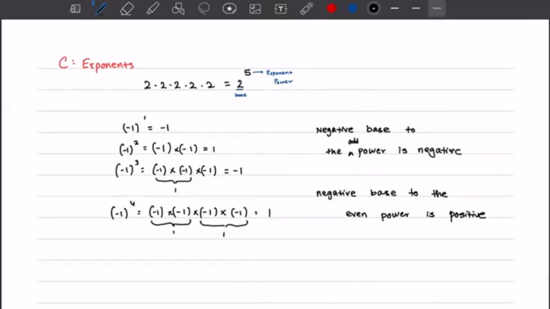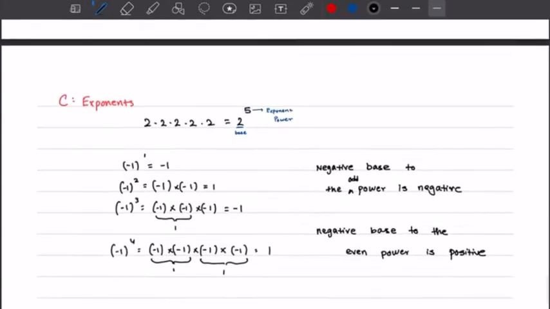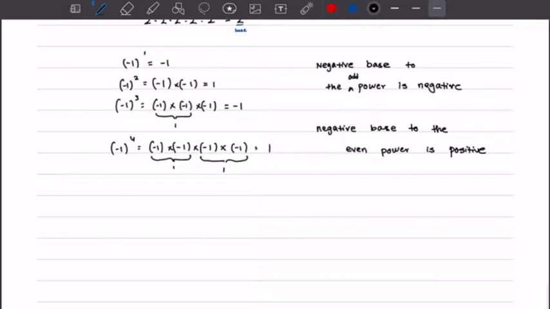Okay, so after the pattern, I recommend that you do exercise 3C, because exercise 3C has many questions regarding exponents, listing the powers, and writing a number as a power.